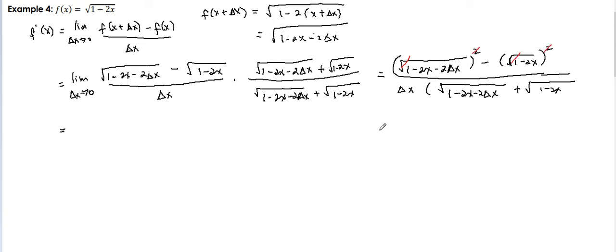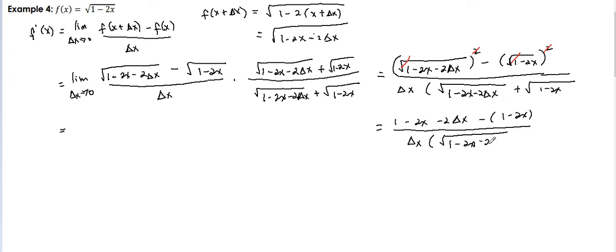Ang matitira na lang ay 1 minus 2x minus 2 delta x minus 1 minus 2x over delta x times the square root of 1 minus 2x minus 2 delta x plus square root of 1 minus 2x.